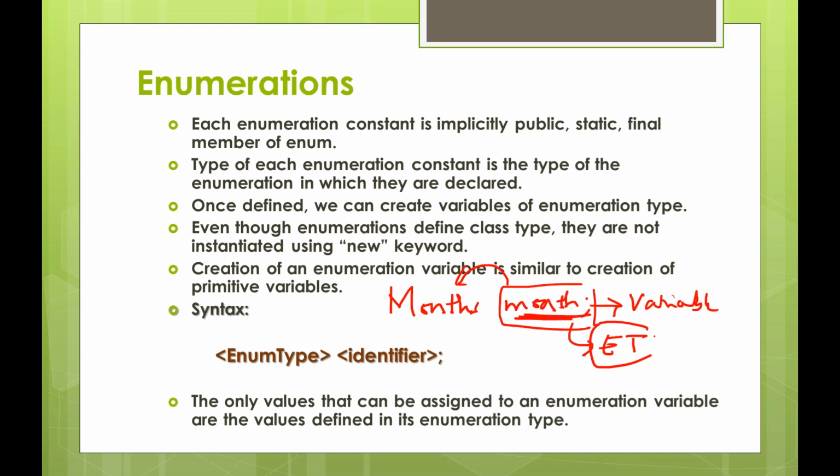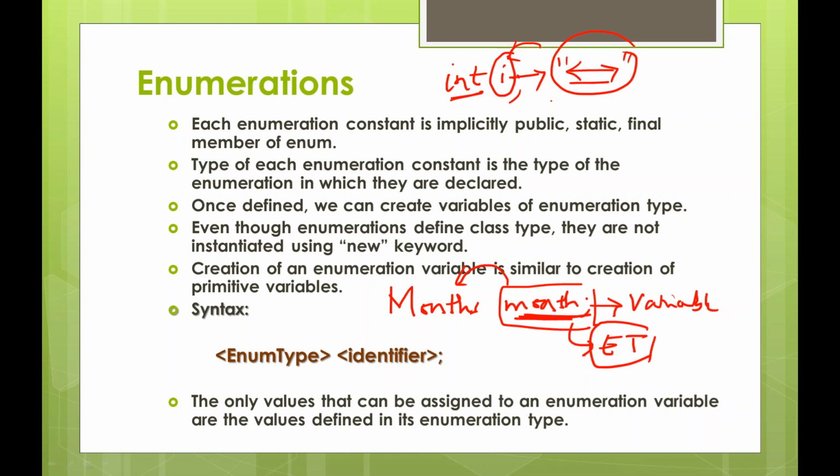For example, if I create a variable of type int, what values can I assign to this int variable? We have a range, whatever the range may be. Within that only we can assign values to i.